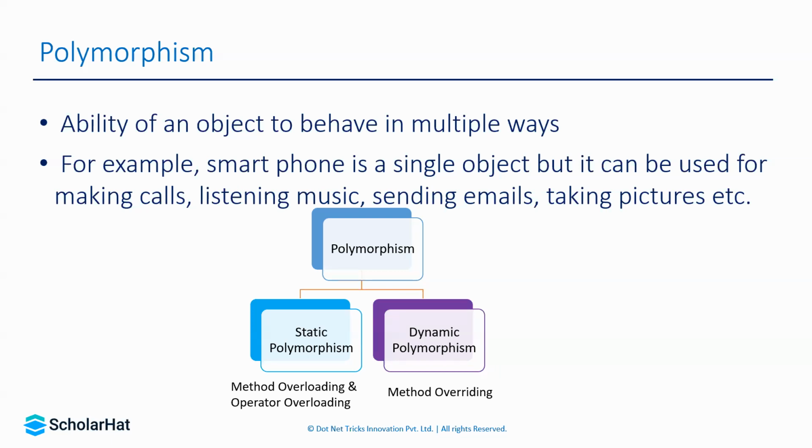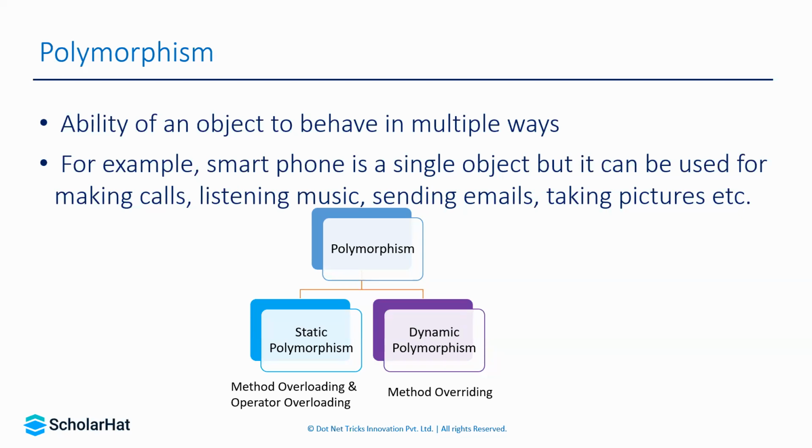Another example: let's say we have a smartphone. A smartphone is a single object, but it can be used for various purposes, like making calls, listening to music, sending emails, taking pictures, and many others. Polymorphism is about the ability of an object to behave in multiple ways. We have two types of polymorphism, static and dynamic.